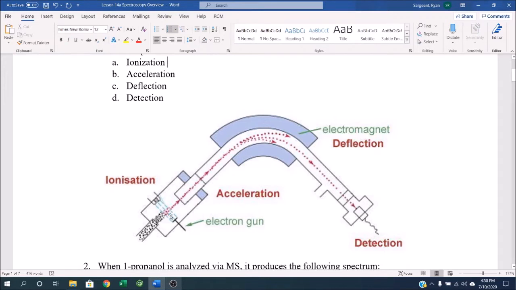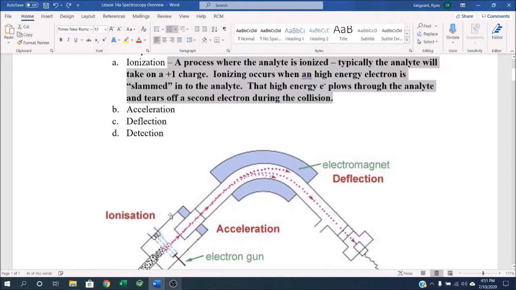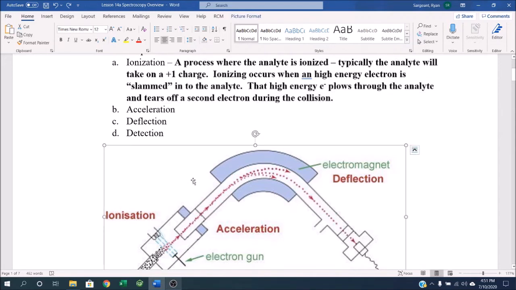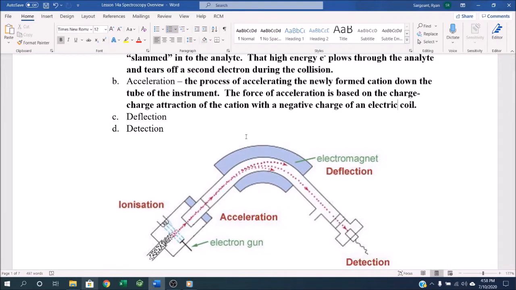That electron again passes through it, but tears off a second electron, so your analyte will always take on a positive 1 charge. Now, that isn't the case in all forms of mass spectrometry, because occasionally you'll end up with a case where they end up with different charges. But in all of the examples that we're going to evaluate, this is the model, and they will take on that positive 1 charge.